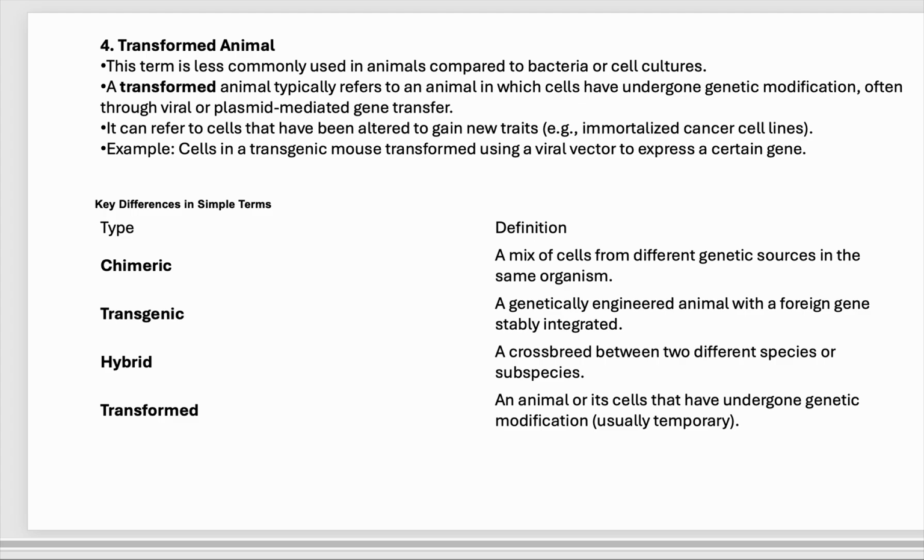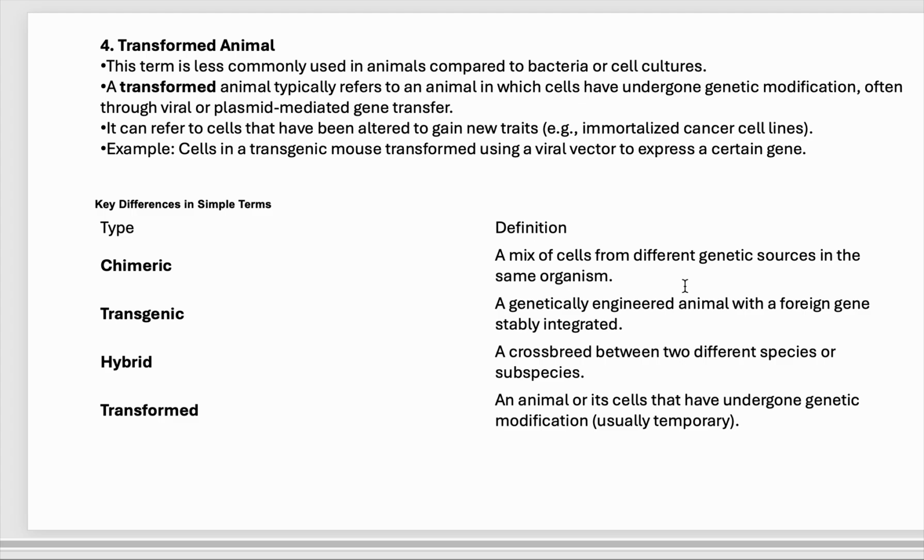So these are the key differences in simple terms. Chimeric is a mix of cells from different genetic sources in the same organism. Transgenic is a genetically engineered animal with a foreign gene that has been stably integrated in its genome.